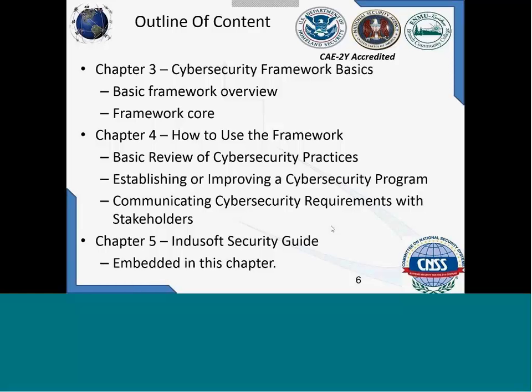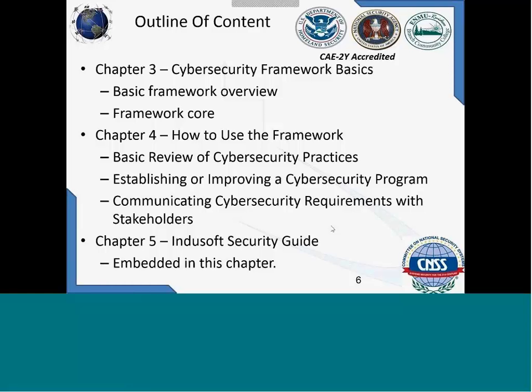In Chapter 3, in addition to the framework basis and the core, we also look at the framework implementation tiers. That's the level of how the organization views their cybersecurity risk and processes, and where they actually fall within tier 1, 2, 3, or 4, and 4 being at the highest level, and the most implemented.